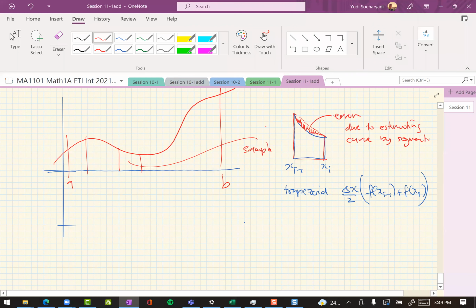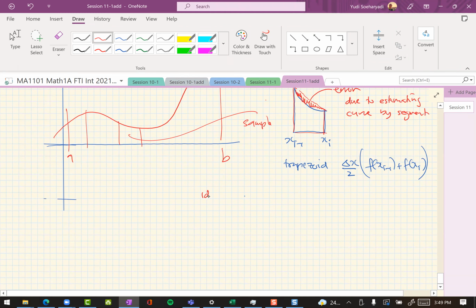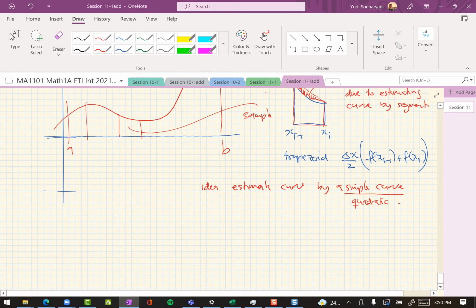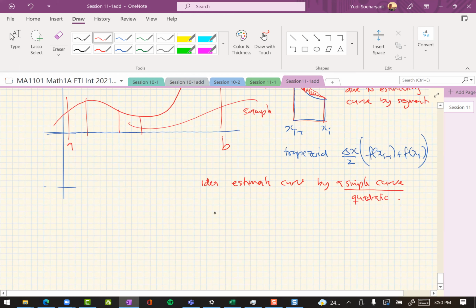So the idea here is to estimate the curve by a simple curve. Well, what do you mean by simple curve? The simplest one is a quadratic curve.